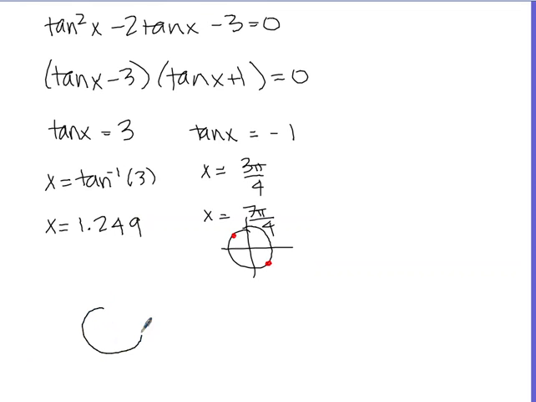Now, since this gave me a decimal, 1.249 radians is somewhere around here. There is another value on the unit circle that will have a tangent of 3, and that is here-ish. We need to add pi to the value that the calculator gave us to get the second answer.